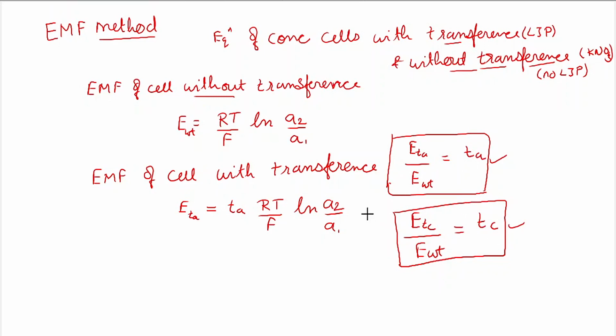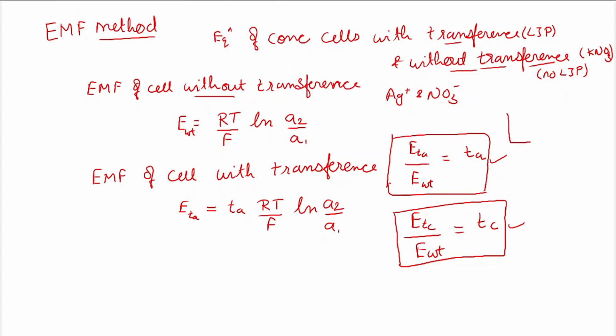Experimentally, we could prepare a concentration cell, suppose we are determining the transport number of silver ions, Ag+ and NO3-. Then we could prepare a cell having different concentrations of AgNO3.